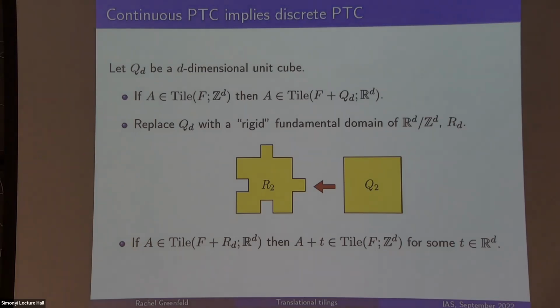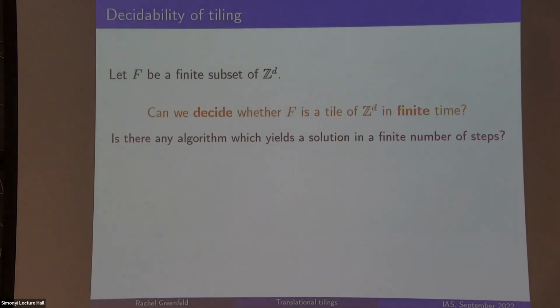Another reason why it's useful to study the discrete periodic tiling conjecture is its connection to the decidability of tiling. Or the question whether there exists an algorithm such that upon any input of a finite subset of Z^d, my algorithm would compute whether this is a tile or not.